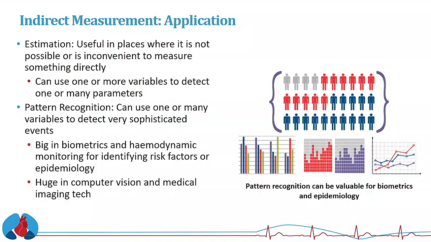So they use estimators. One of the fantastic things about estimators is that you can use one or many parameters to detect one or many parameters. As long as there is some correlation, you can detect something else. A colleague of mine told me that there is a correlation between how many people drown and how many people eat ice cream on any given day.